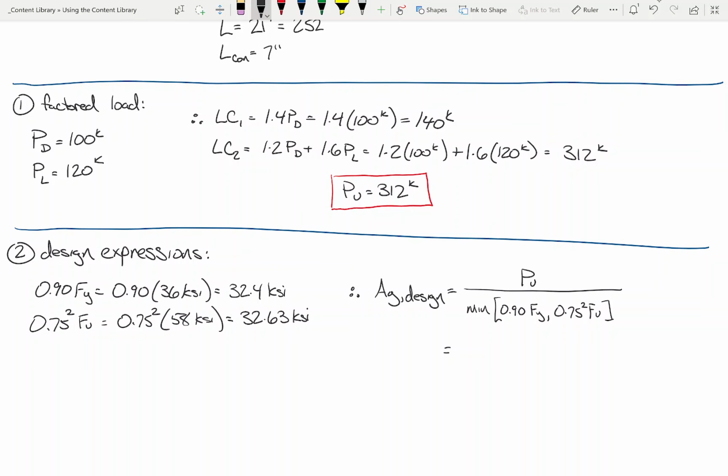The 0.9 Fy, which is 32.4. So I'm basically going to take 312 over that. What am I going to get?